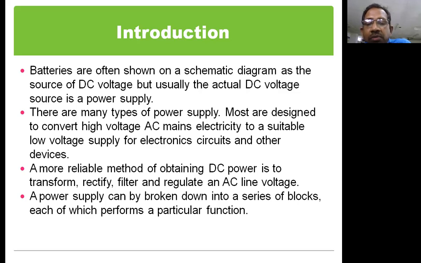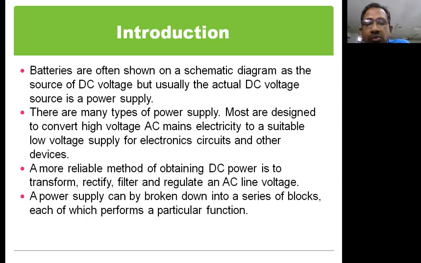A more reliable method of obtaining DC, as we just discussed among the various methods, is transforming, rectifying, filtering, and then regulating an AC input line voltage.